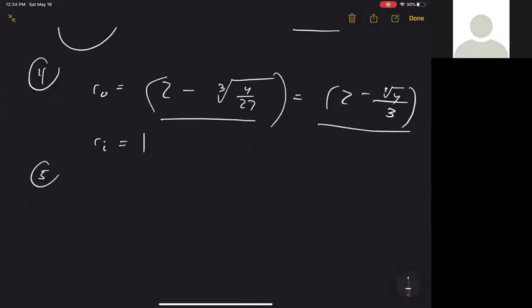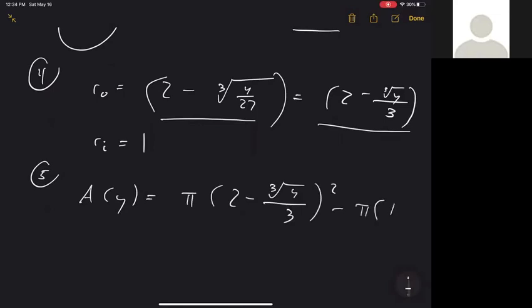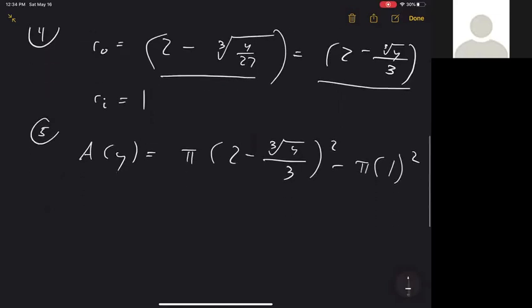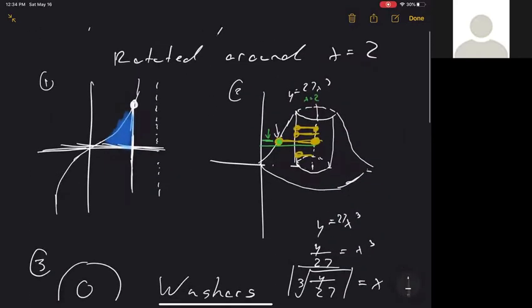All right, step 5. Let's go ahead and write our area function. Step 6, what are my bounds of integration? Where do I want to integrate from? Well, I'm integrating in terms of y, right? So let's go over to this 2D object. I should be integrating from here to here.